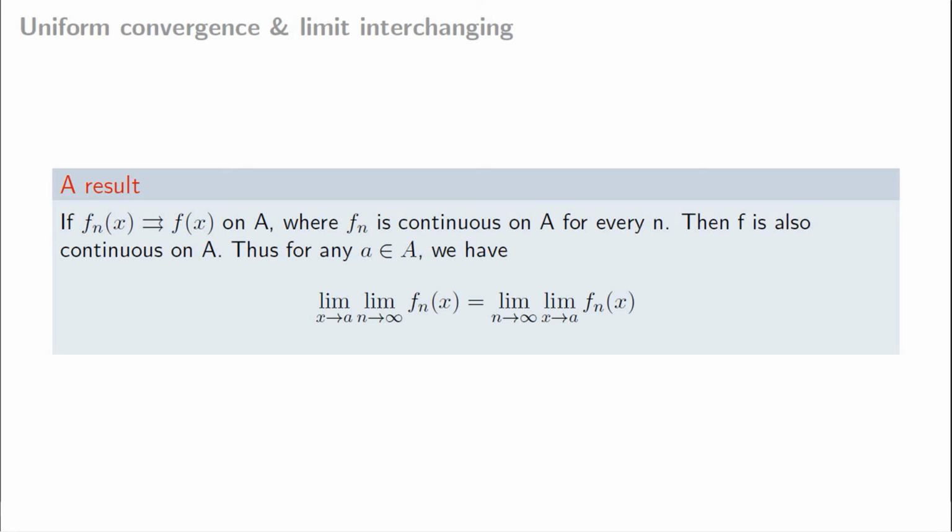If fn(x) converges to f(x) uniformly on A, where fn is continuous on A for every n, then f is also continuous on A. Thus, for any small a belonging to capital A, limit x tends to a of limit n tends to infinity fn(x) is the same as limit n tends to infinity of limit x tends to a of fn(x). That is, the limit operations on x and n are interchangeable as a consequence of uniform convergence.